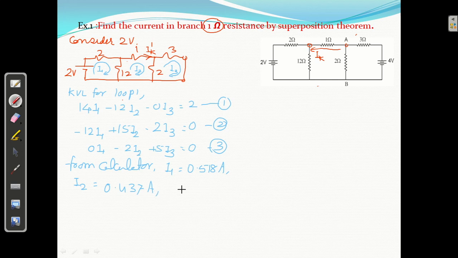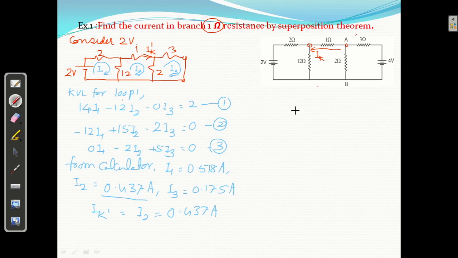Z, that is I3, 0.175 ampere. Now I have to find the IK dash. IK dash is nothing but I2. So that is the IK dash. I got IK dash equal to I2 equal to 0.437 ampere.